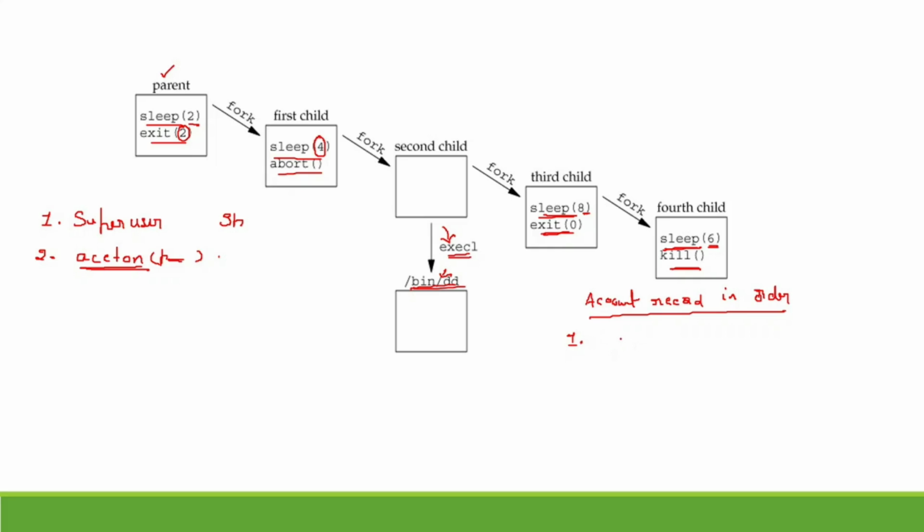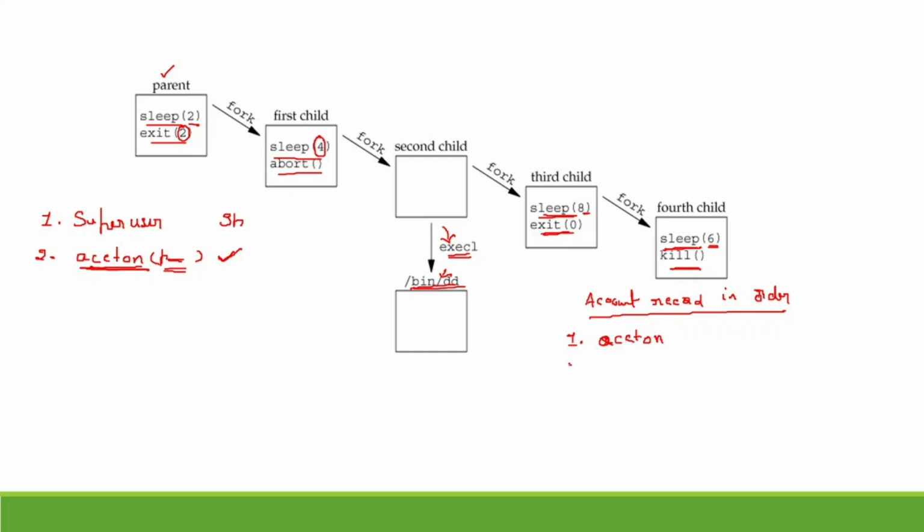That is ACCT on itself, because when it is executed I enable the recording, and when it terminates successfully, it will be the first process recorded in the process accounting. So the first entry will be ACCTON itself.